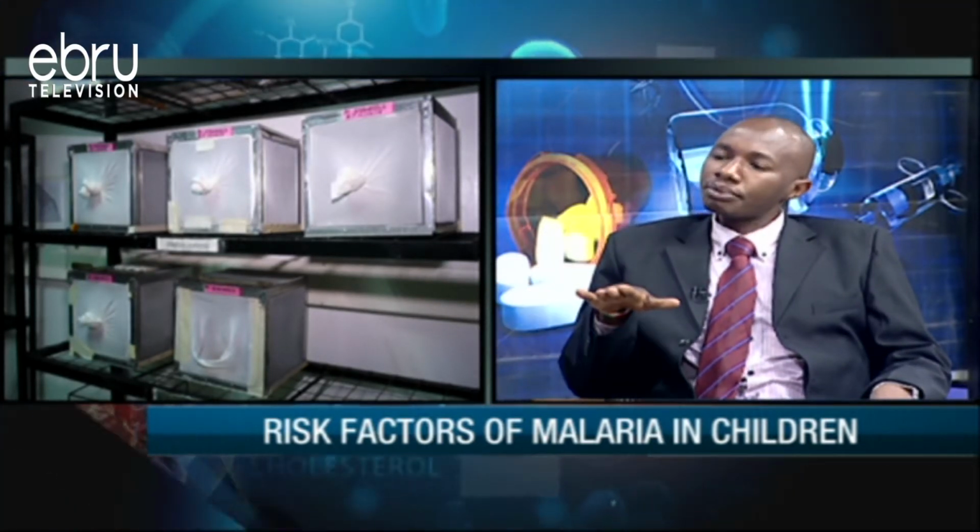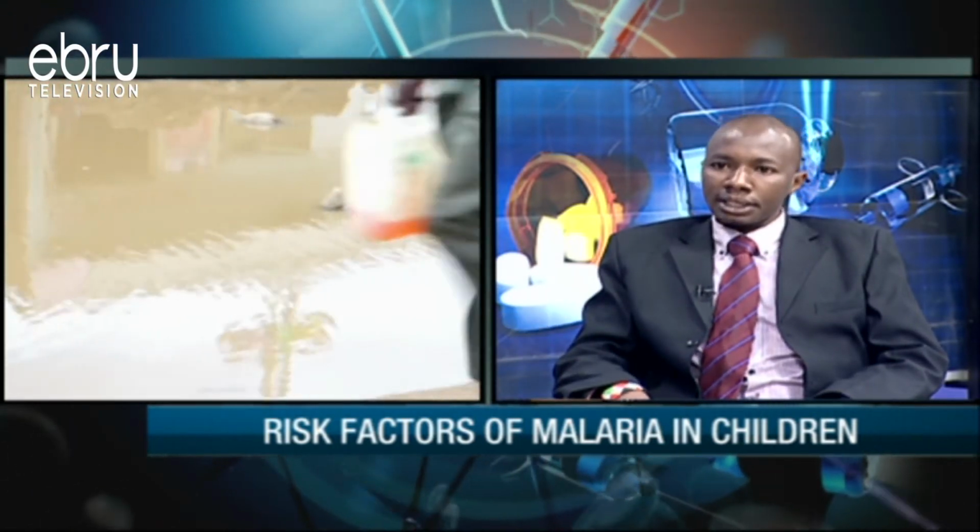So during the dry seasons, when we have less rain, we have fewer breeding grounds for the mosquitoes, which means the temperatures are also altered, so the replication cycle of the parasite is interfered with, and thus the lower prevalence.